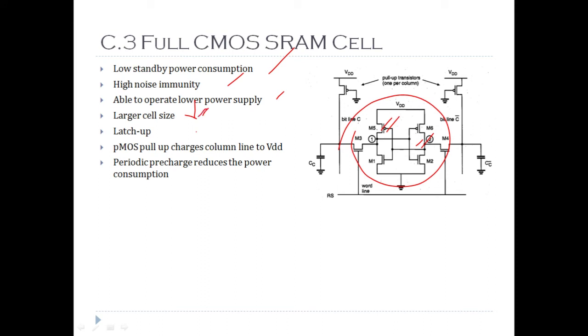Then there is a problem that we have already discussed, a latch-up problem, which is a very common problem in CMOS circuits. There are parasitic transistors. If you remember, there are 2 parasitic transistors, PNP and NPN transistors, which are connected in this way.